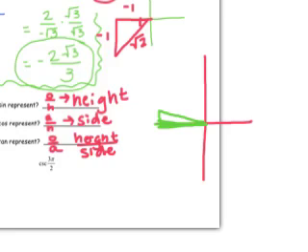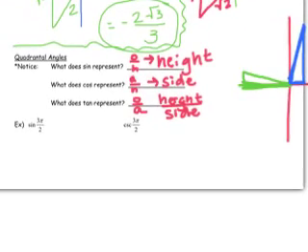And it doesn't matter if it's going in the negative x direction or going up here. Either way, that hypotenuse is on top of the movement. So it's really just about saying, did I go up as positive height, down as negative height, left as negative adjacent, or right as positive adjacent?